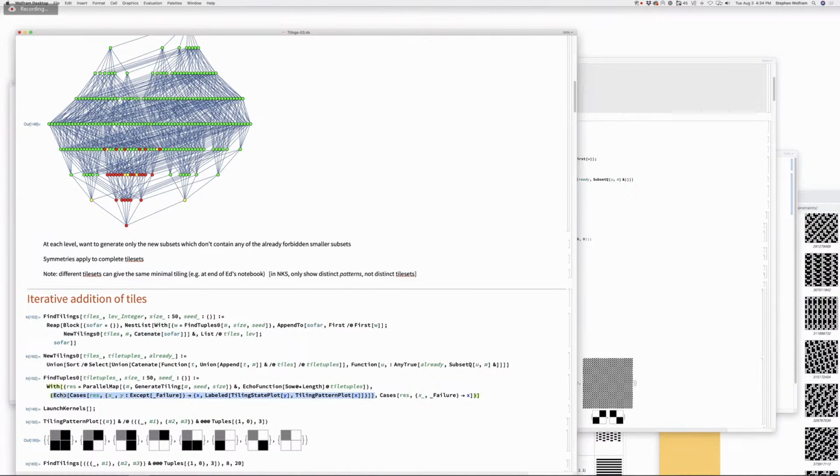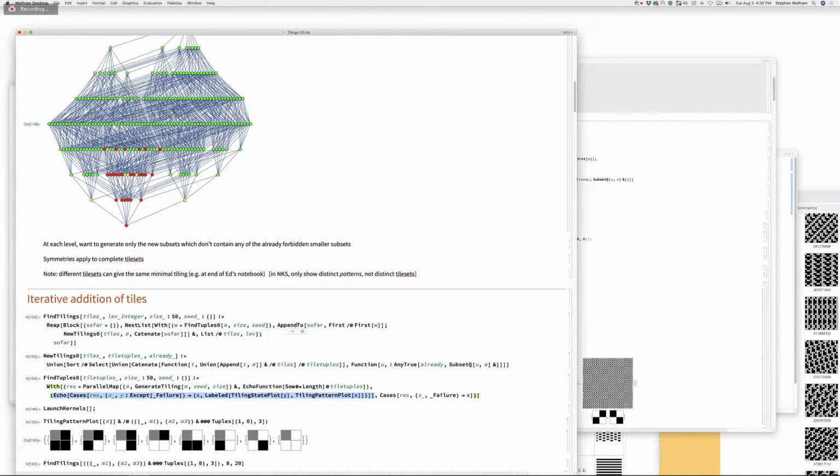So far is the things that did tile. Okay. So those are the ones that have tiled, right? Those are the ones that did tile.